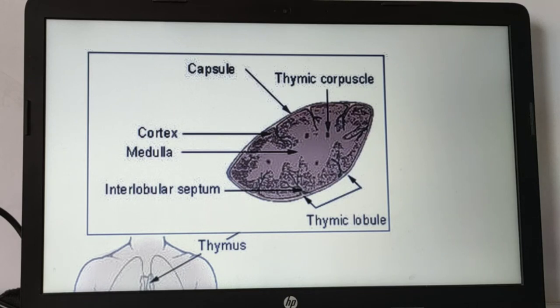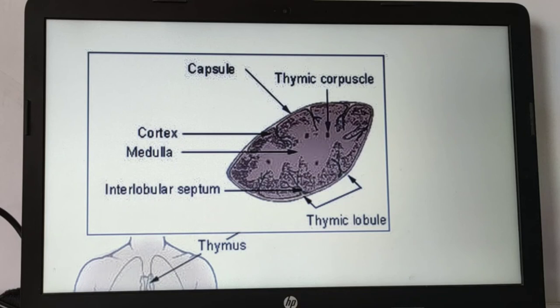Like other glands, this gland also secretes a hormone called thymosin. This thymosin hormone has a very important role in the development of the immune system, and the immune system gets developed by the T lymphocyte.